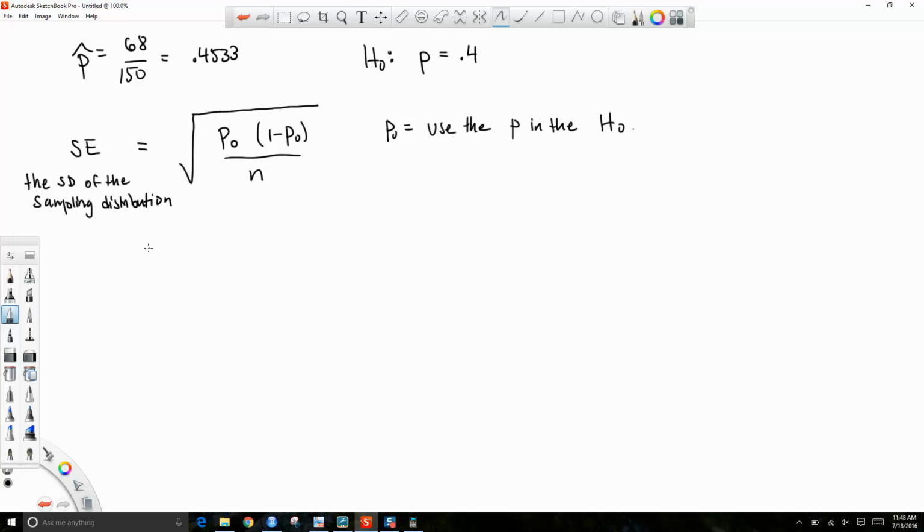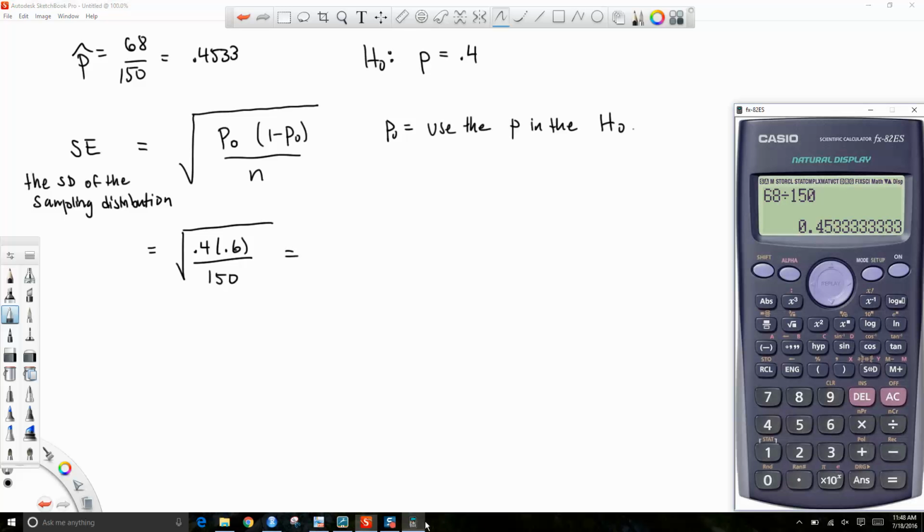So my standard error is going to be the square root of 0.4 times 0.6, since 1 minus 0.4 is 0.6, divided by our sample size of 150. So what is that? I'm getting a standard deviation of 0.04.